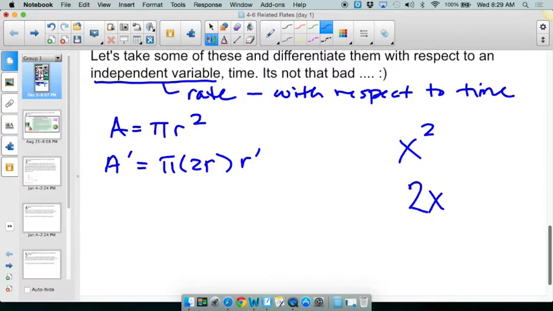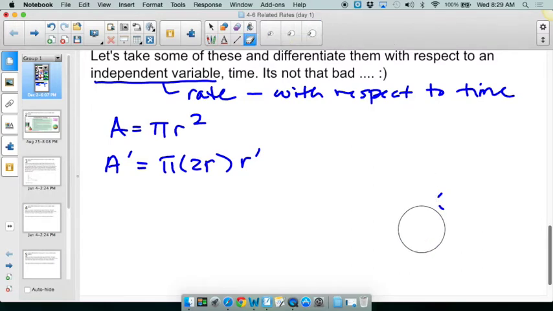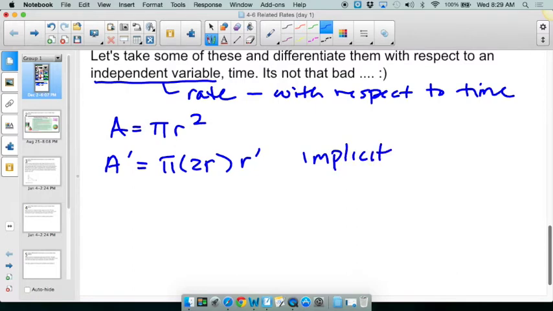Now, I think that for related rates, for implicit differentiation, I know we use the primes a lot. For related rates, I would like to use the Leibniz notation. So this becomes dA d what? dA dt, because I want you to acknowledge that the variable that we're differentiating with respect to is time. Okay, so we can get that rate. Okay, so this is the rate of change of what?